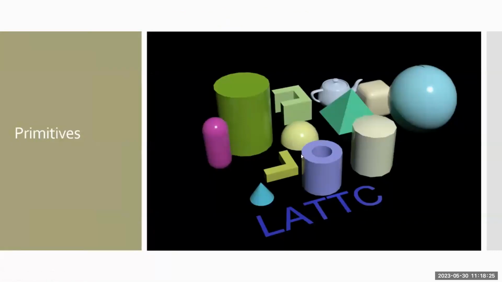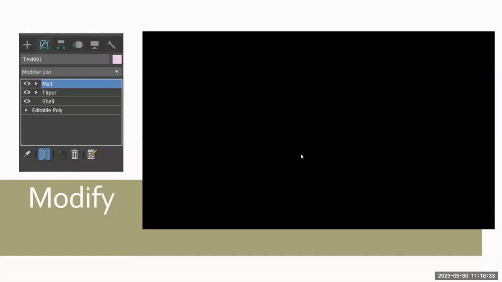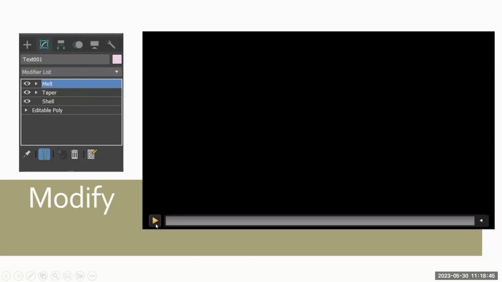These are some of the primitives I created in the beginning of the class in 3ds Max. Next, we moved on to modifying those primitives. I decided to use the melt modifier, the taper, and the shell. And this is a rendering of that.